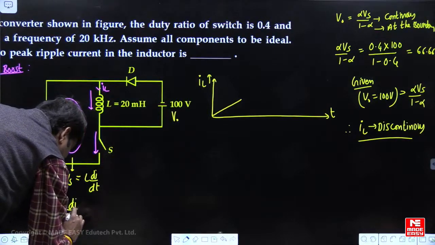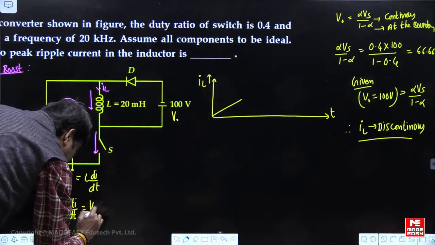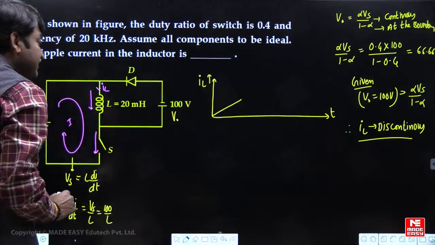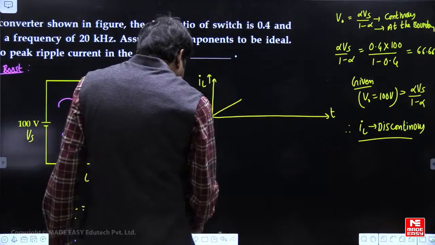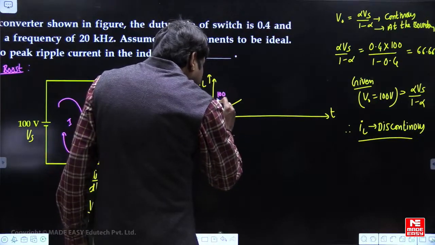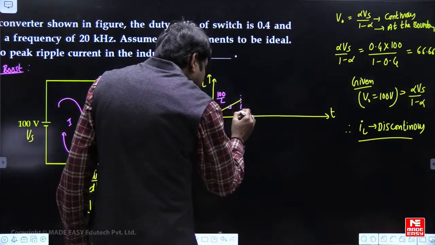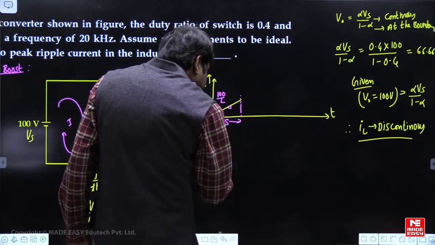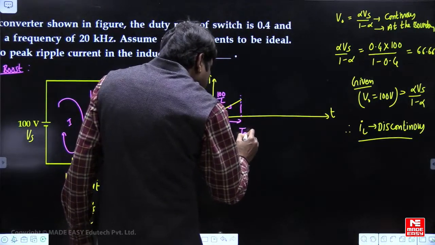So di by dt is equal to Vs by L, 100 by L. So that means the current is linearly rising at a slope of 100 by L. So up to here the switch is in the on state. That is called turn on time of the switch.